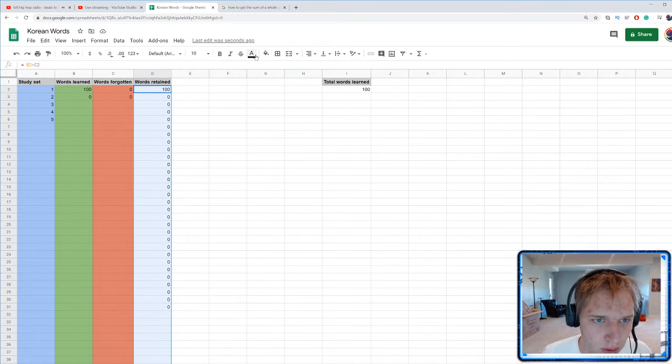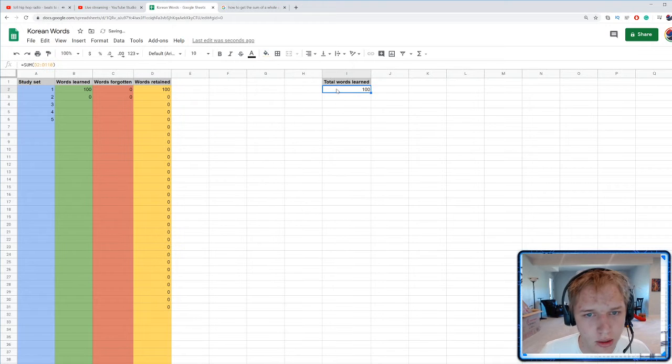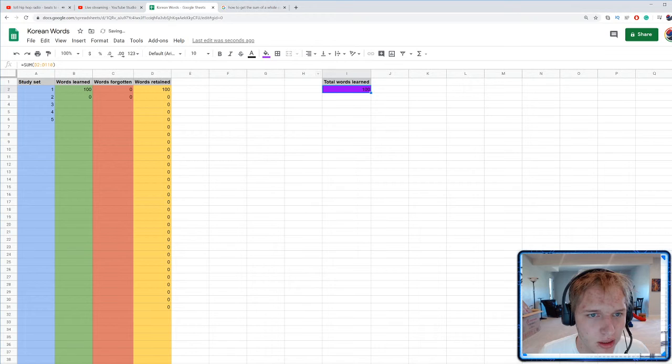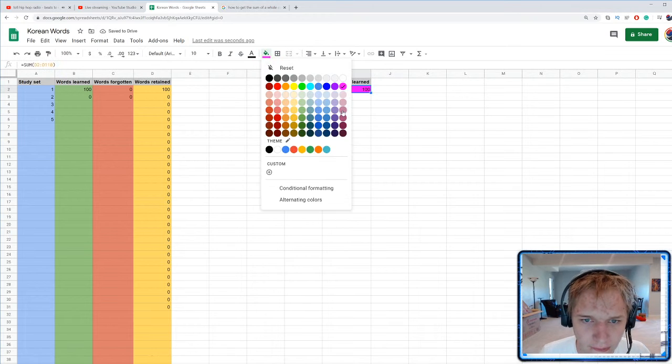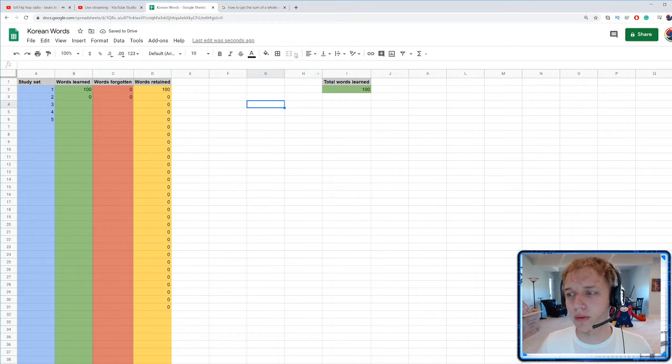Words retained will be gold. And then we'll make this one fill color purple. But not that purple, or magenta. Don't like it. Also make you green. Perfect.